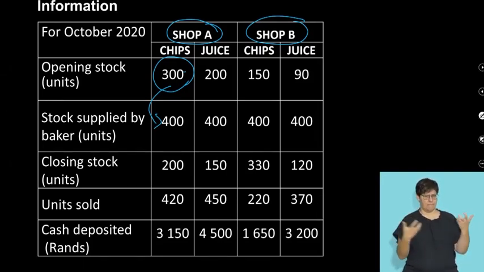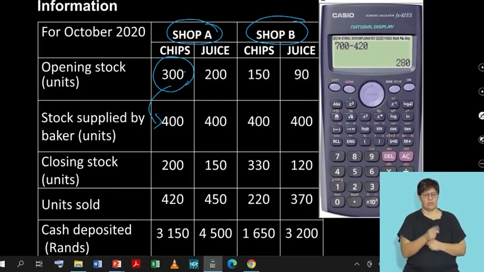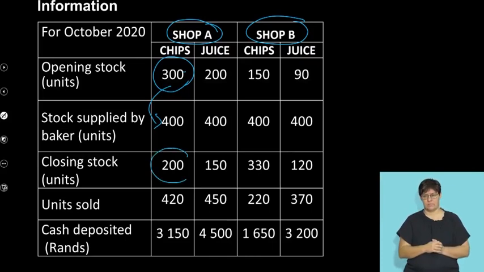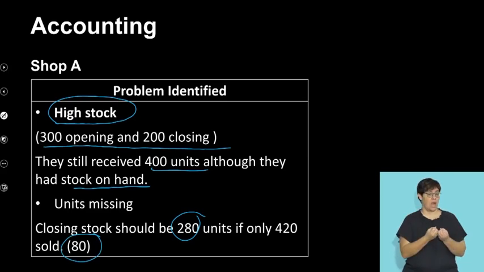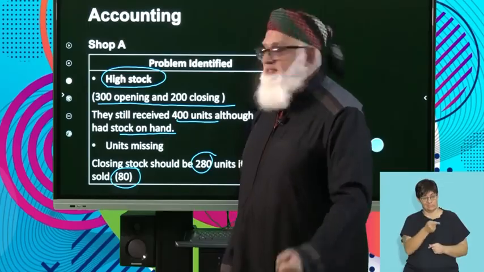Clearly you do not have that on hand, it is only 200. So your closing stock should be 280 units if only 420 units were sold. That means clearly there was a shortage of stock. In other words, there is stock missing in that tuck shop.